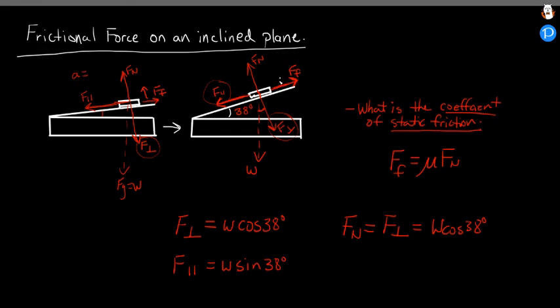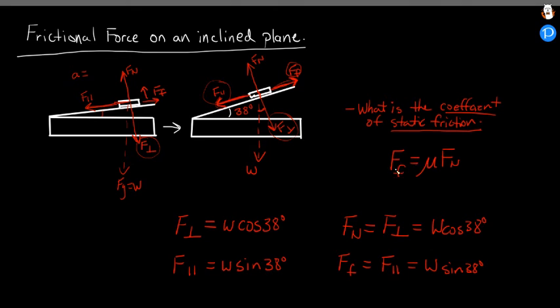And I can do the same thing for this force of friction. We know that this is going to be equal to this parallel force. So my force of friction is equal to the weight times the sine of 38 degrees.